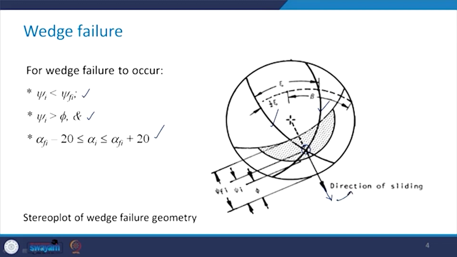This is a friction circle, represented by this angular distance from the outer circumference, shown here as angle phi. The dip of the line of intersection is shown by this angle psi i, and this angular distance is psi f. This is how all three conditions have to be satisfied for the wedge failure to occur.